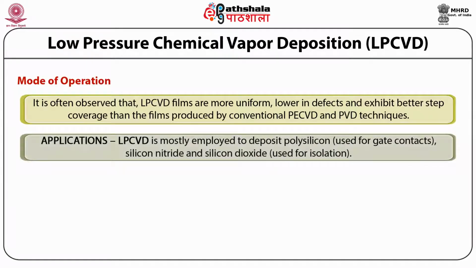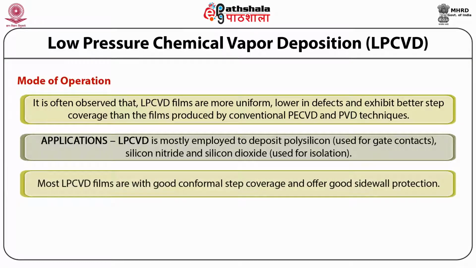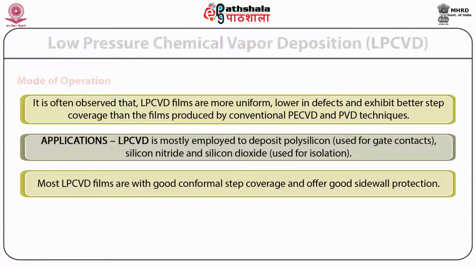Also, LPCVD is mostly employed to deposit polysilicon used for gate contacts, silicon nitride and silicon dioxide used for isolations. Mostly LPCVD films have good conformal step coverage and offer good side wall protection.